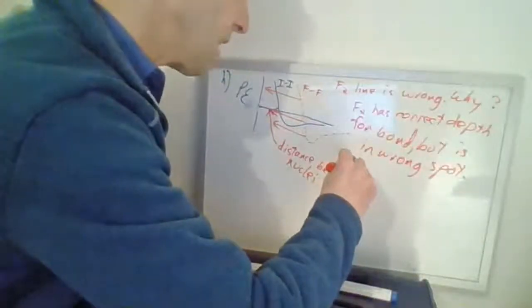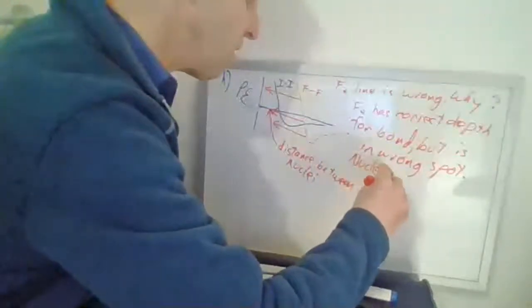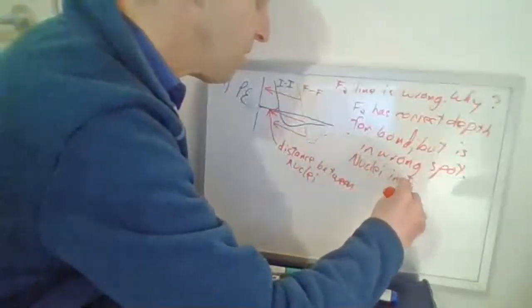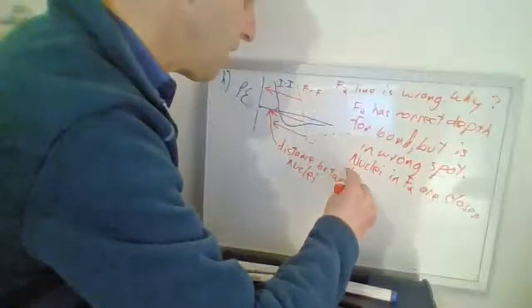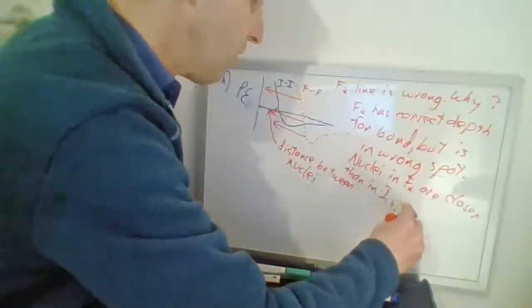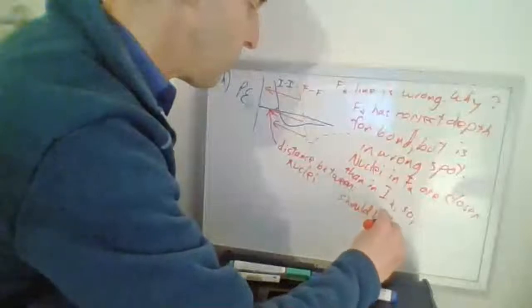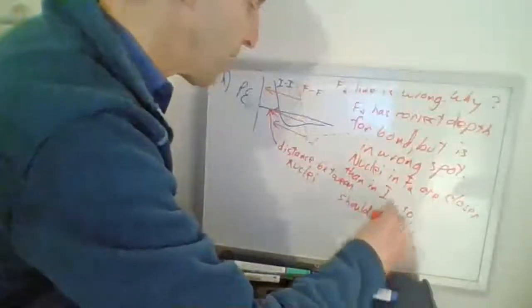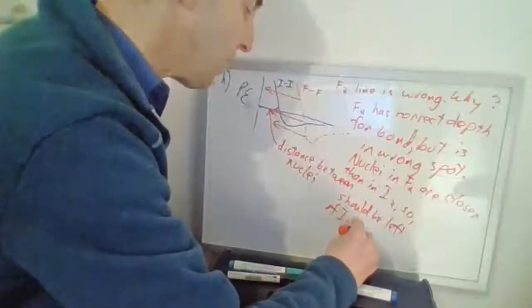The nuclei in F2 are closer than in I2. So it should be further left. It should be left of I2 in the diagram.